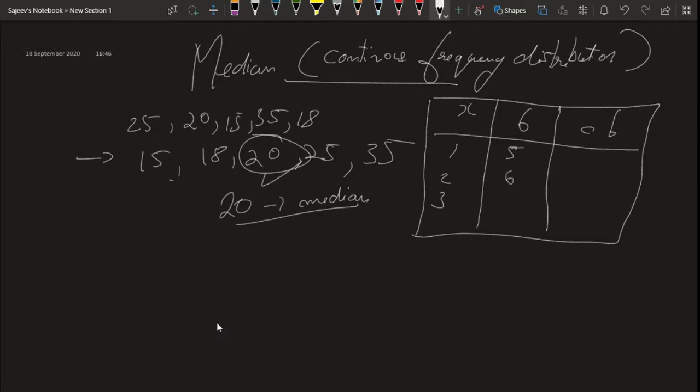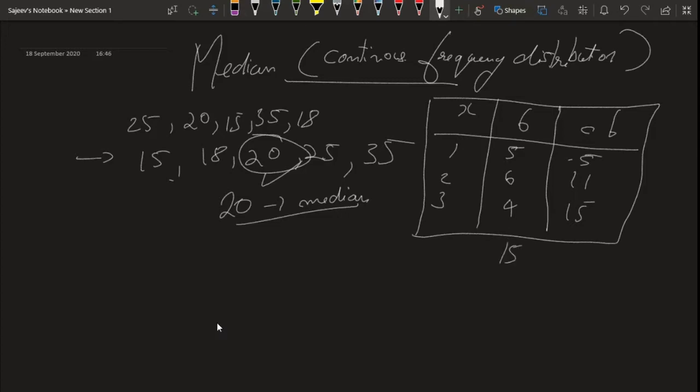Cumulative frequency is just adding up the frequencies. First is 5, then 5 plus 6 is 11, then 11 plus 4 is 15. Now the sum of the frequencies is 15, so we write 15 here. And what is n by 2?